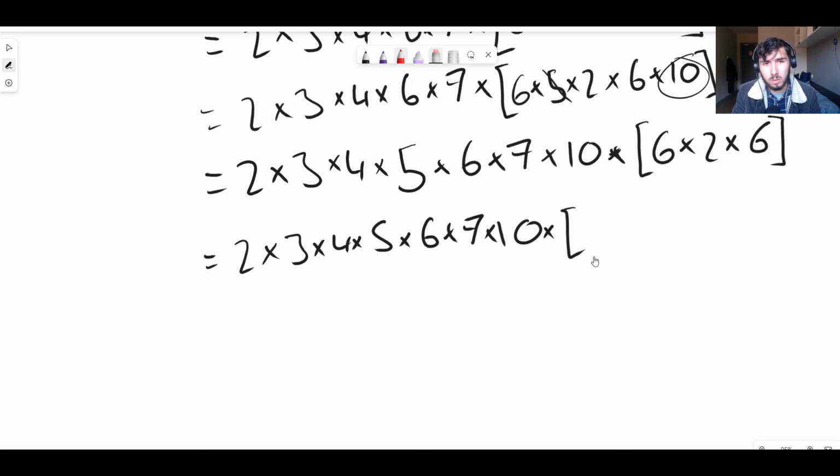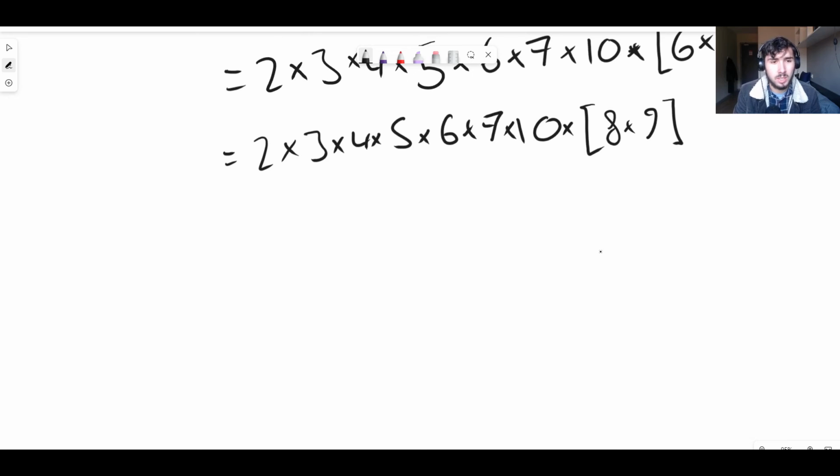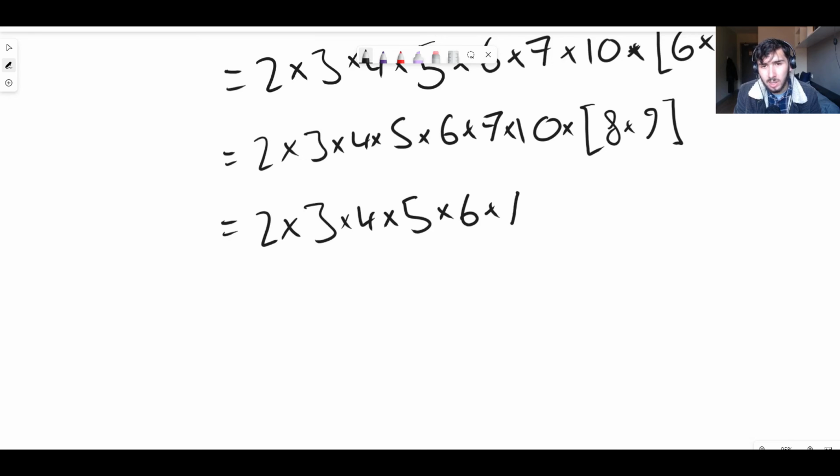What is 72? 72 is 8 times 9, isn't it? So we can then say that 6 weeks is equal to 2 times 3 times 4 times 5 times 6 times 7. I'm going to put the 8 and the 9 together here, so times 8 and times 9. Move those guys over. And then finally we're going to times by the 10, which came from there.